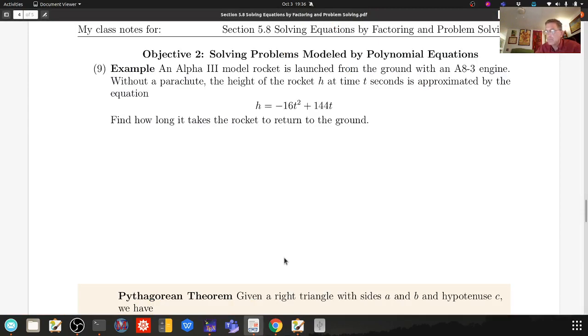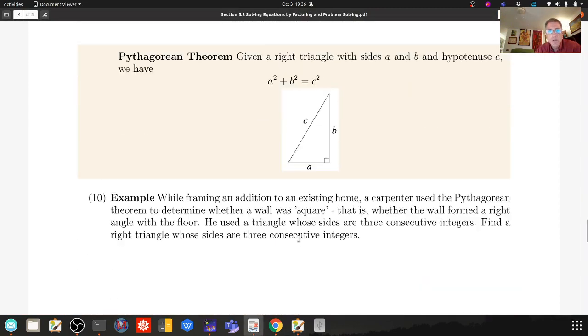So, the Pythagorean Theorem. Given a right triangle with sides A and B and hypotenuse C, right here's our picture, that indicates the right angle. We have a squared plus b squared is equal to c squared. This theorem goes back to probably 500 to 1000 BC. How do we know that?